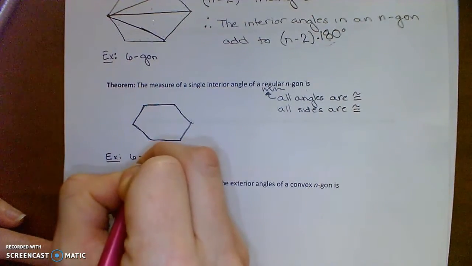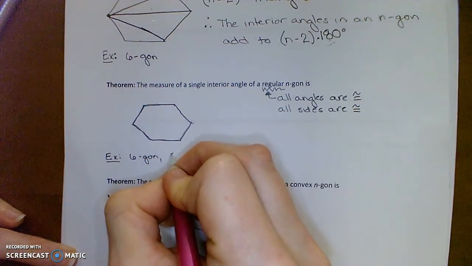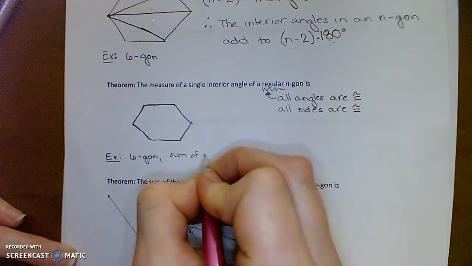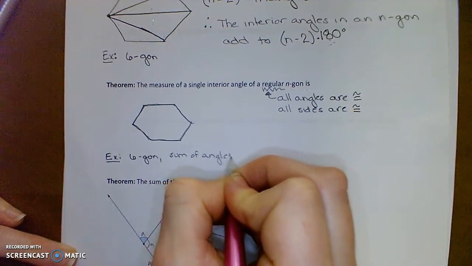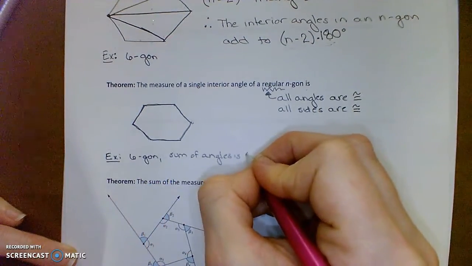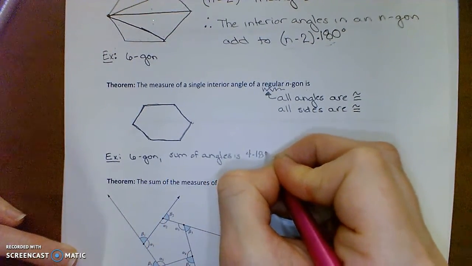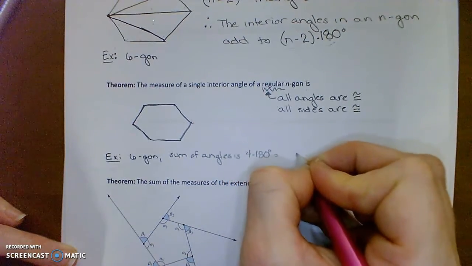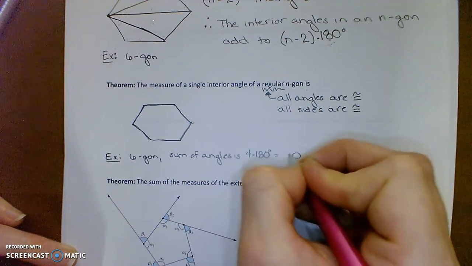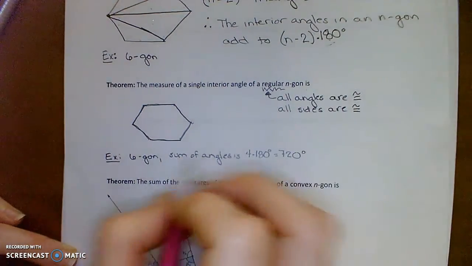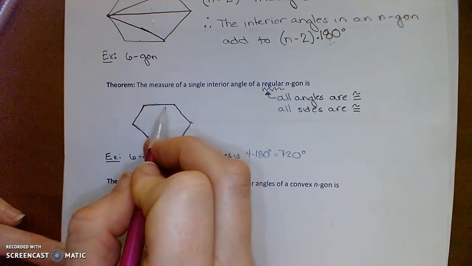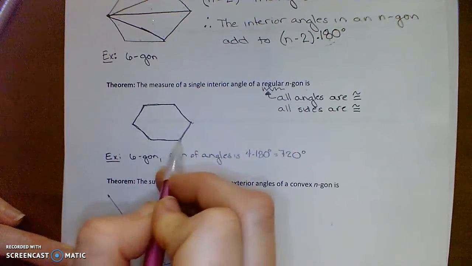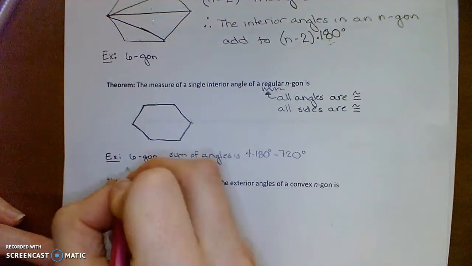So in this example, it's a 6-gon. The sum of the angles is 4 times 180 degrees, or in other words, 720 degrees. So altogether, you've got 720 degrees, and there are 1, 2, 3, 4, 5, 6 angles here.